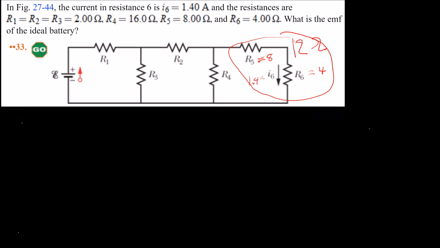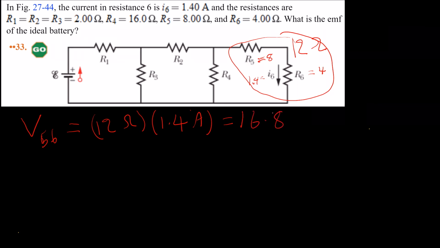So V5,6 equals 12 ohms times 1.4 amps. If you multiply 1.4 by 12, you get 16.8 volts. That's also equal to V4.